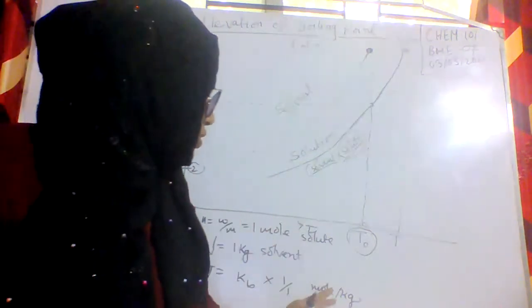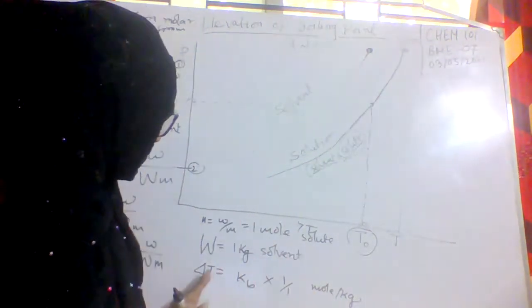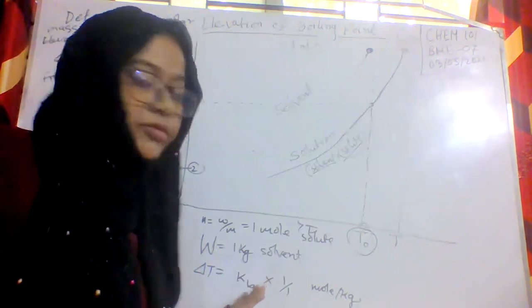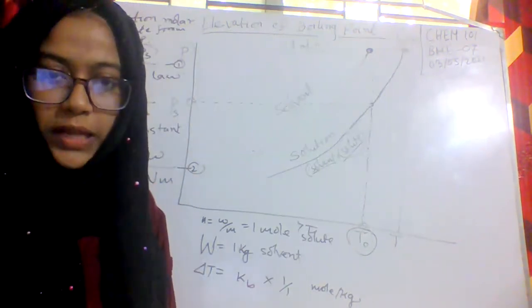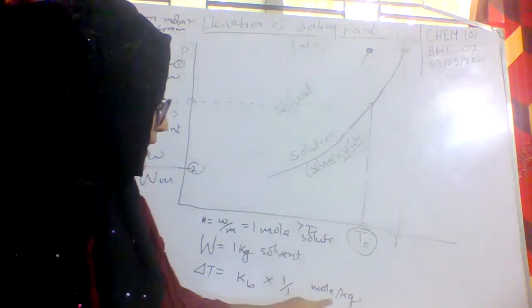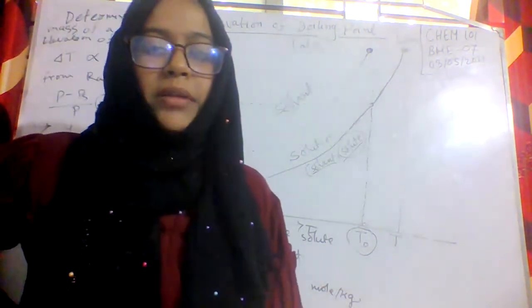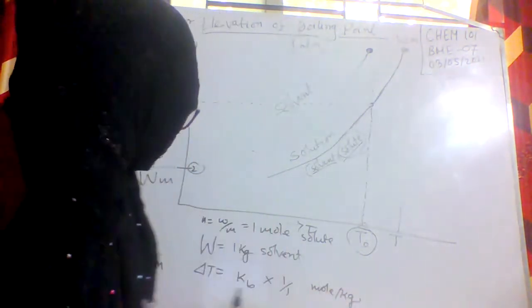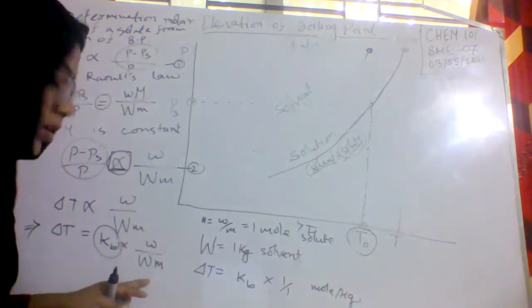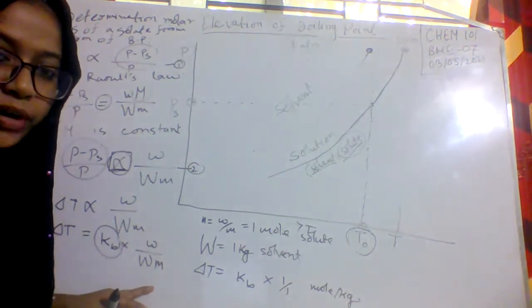So for a 1 molal solution, the boiling point elevation will be the molar elevation constant, right? So it is in kg. If we convert it to gram, then we have to put down 1,000 gram.